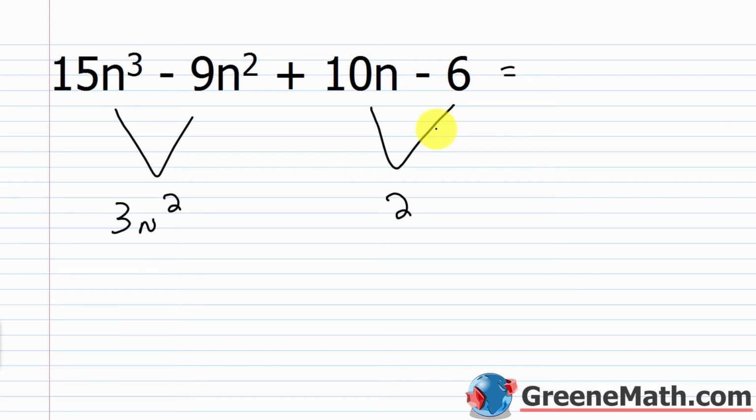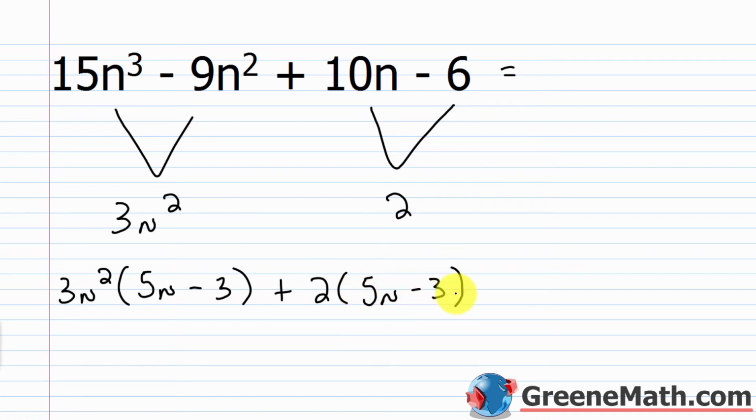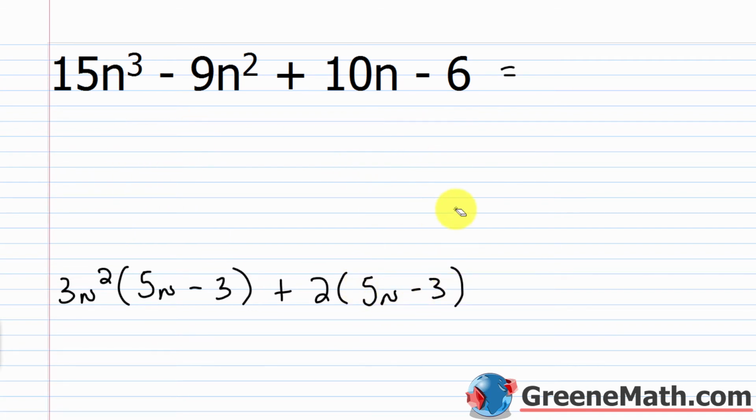So I'm going to pull out, again, a 3n squared from that first group, and that's going to give me a 5n minus a 3, and then plus, I'm going to pull out a 2, and that's going to give me a 5n minus a 3. So I have my common binomial factor here, which is 5n minus 3.